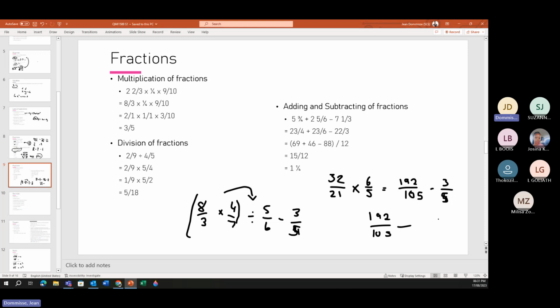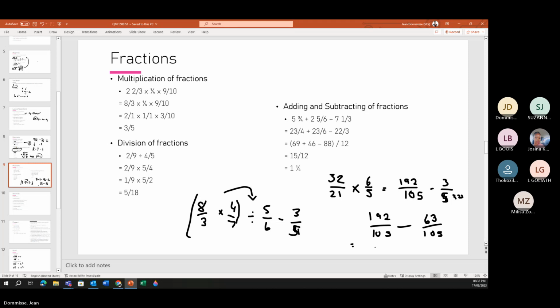How we do that is multiply by 21. So if I multiply at the bottom by 21, I need to multiply at the top with 21. So 21 times 3 will give me 63. And then it's possible to solve this.